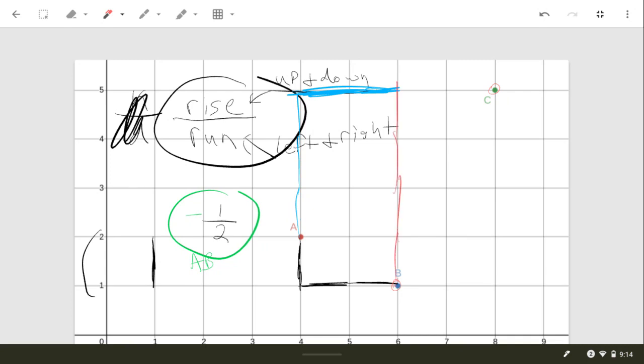So 4 is the top number of our fraction. And to the right, 1, 2. So you get 4 over 2, but if you simplify that, it would be 4 divided by 2. This one, the slope, is a whole number. That would be the one that connects BC. You could say 2, or you could say 2 over 1.